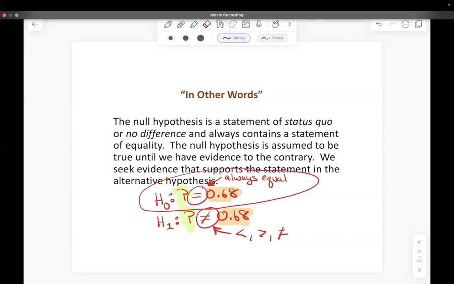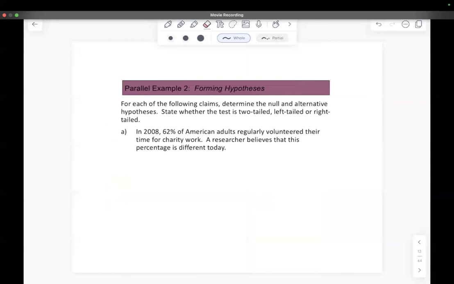Are we ready? Good. Okay, I'm going to move on. All right, so let's write our null and alternative hypothesis. It's going to show up on the next screen, but I feel like talking through it and writing it out is more helpful. So in 2008, 62% of American adults regularly volunteered their time for charity work.